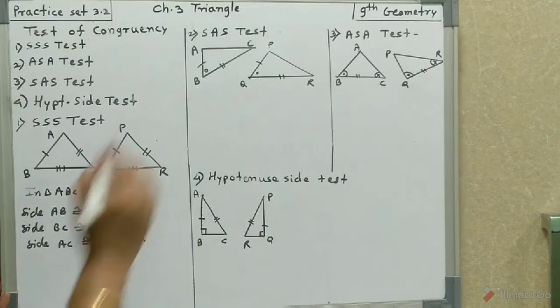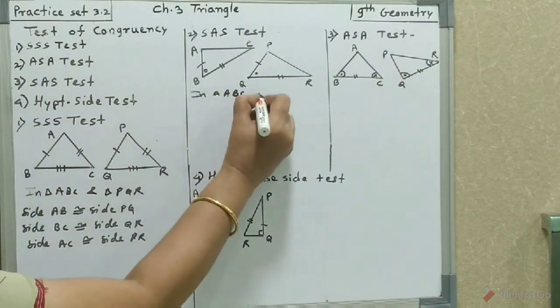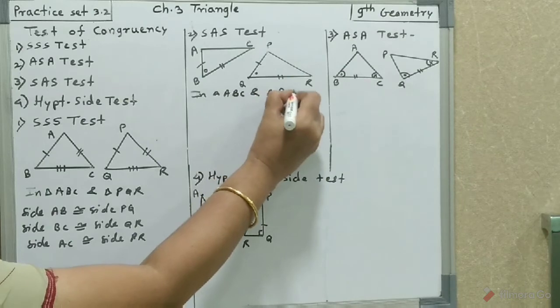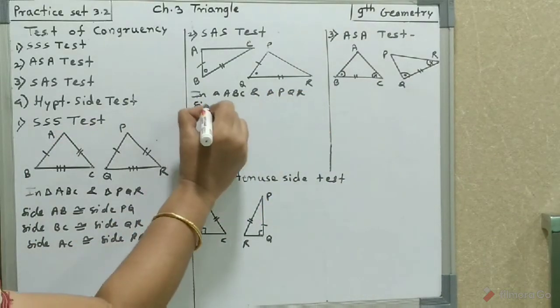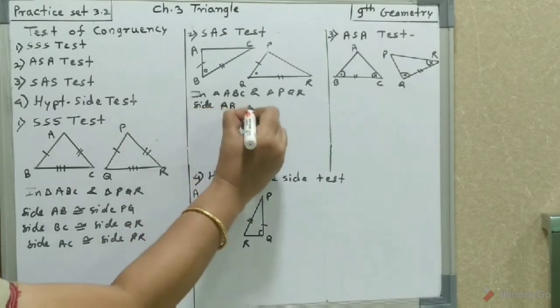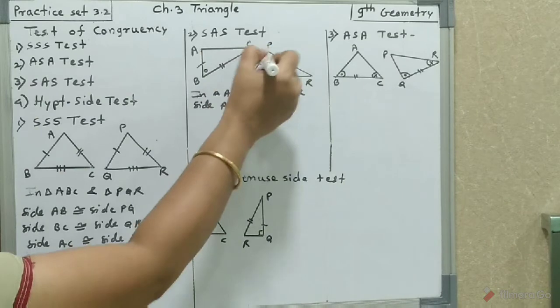So in triangle ABC and triangle PQR, side AB is congruent to side PQ, see the equal sign.